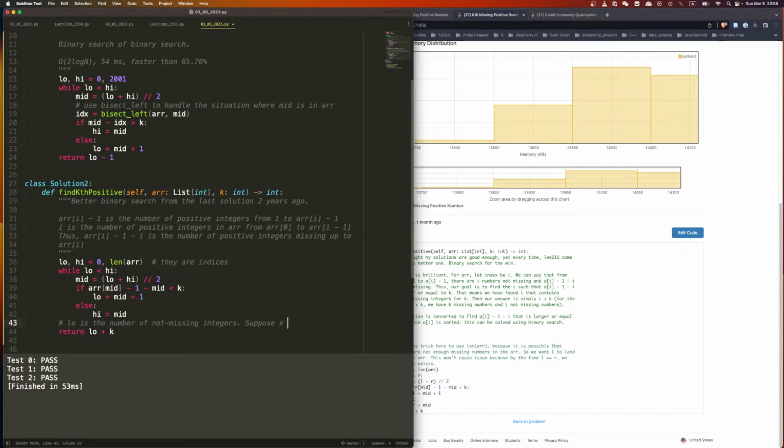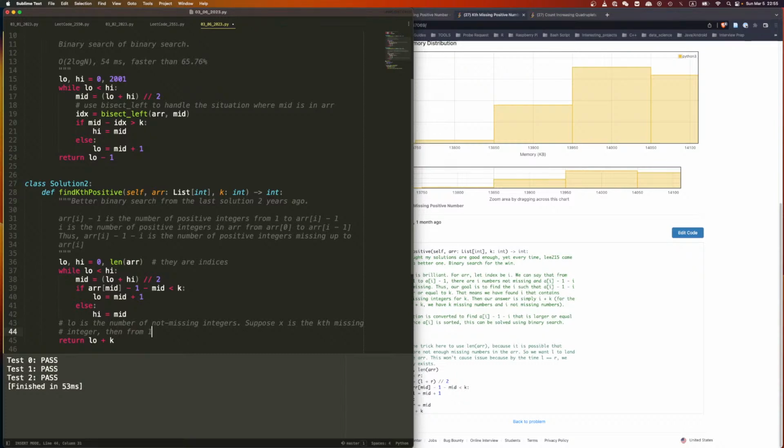Suppose x is the k-th missing integer, right?